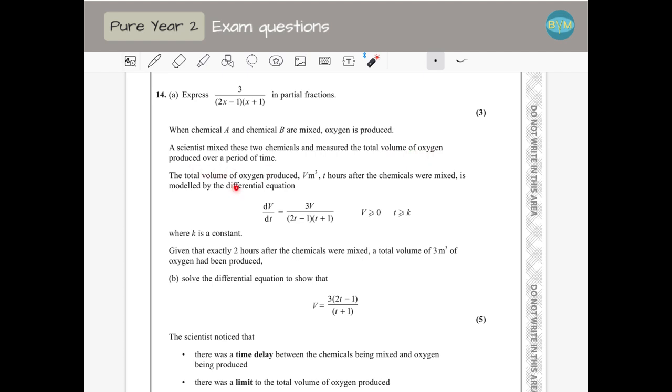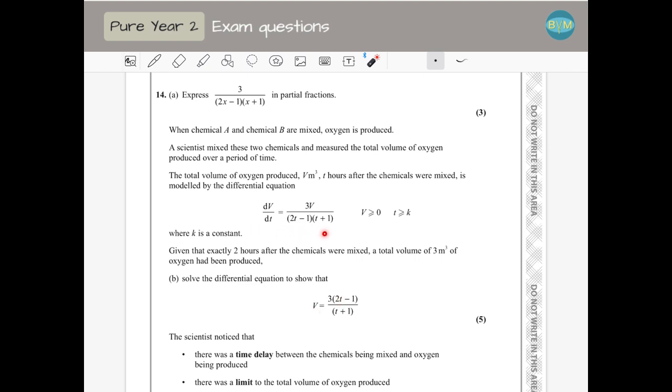The total volume of oxygen produced, V, in cubic meters, t hours after the chemicals were mixed, is modeled by this differential equation, where k is a constant. Given that exactly 2 hours after the chemicals were mixed, a total volume of 3 cubic meters of oxygen had been produced, we have to solve the differential equation to show this relationship between V and t.